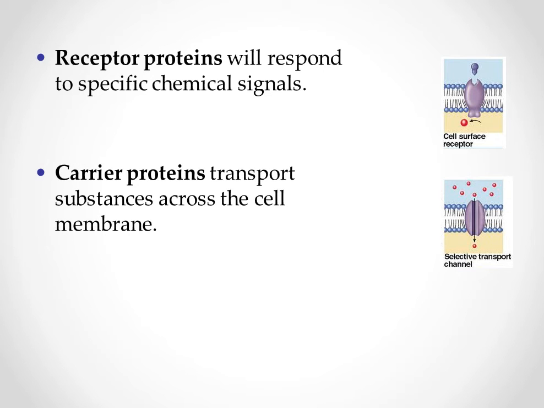So if we look at the receptor, it is kind of like the receiver of your TV. Okay, it's going to receive chemical signals. Now your carrier, we also might hear it as a channel.